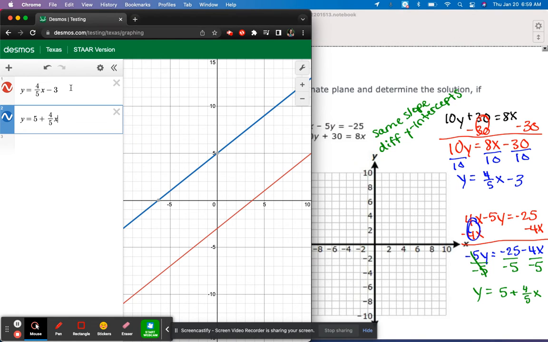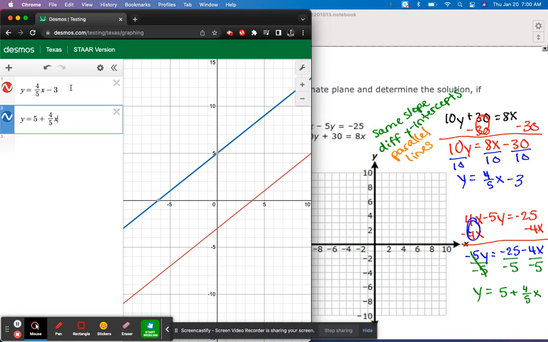So again, if they have the same slope, different y-intercept, this means we're going to have parallel lines. Let's go ahead and graph it, and then we'll talk about their solution.